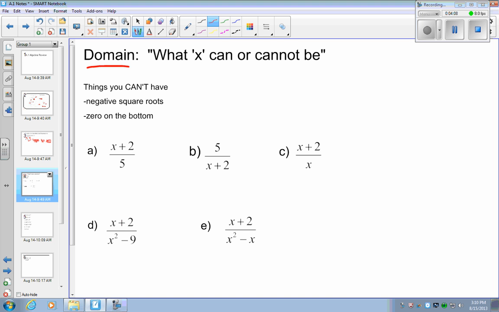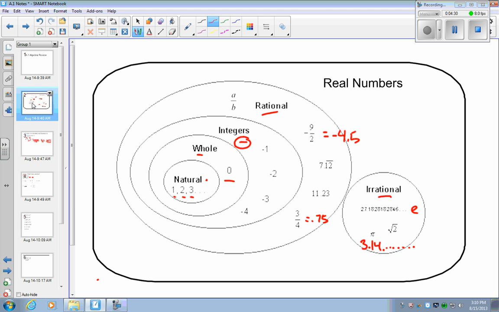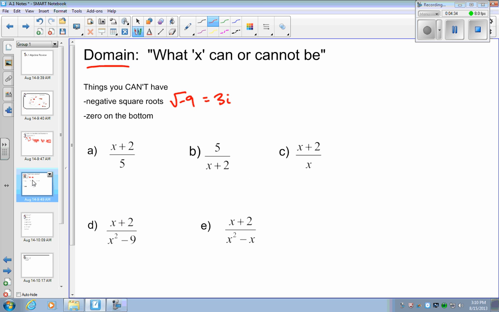So when we say can or can't, think about things you can't have in math. You can't have a negative square root. You're not able to do square root of negative 9. Some of you guys may say, well, that's an imaginary number, that's going to be 3i, or a complex number. We're stuck in the real number system here. That's why I showed you guys this. So we can't have negative square roots, and we can't have zeros on the bottom.